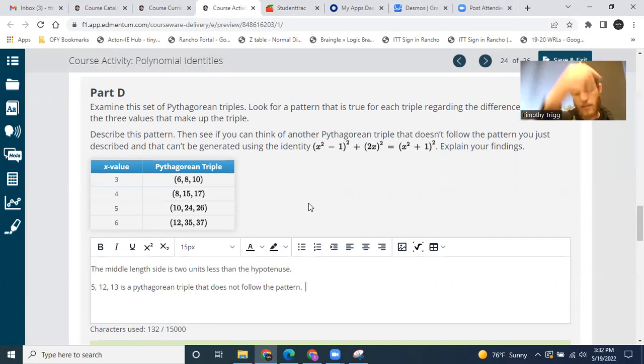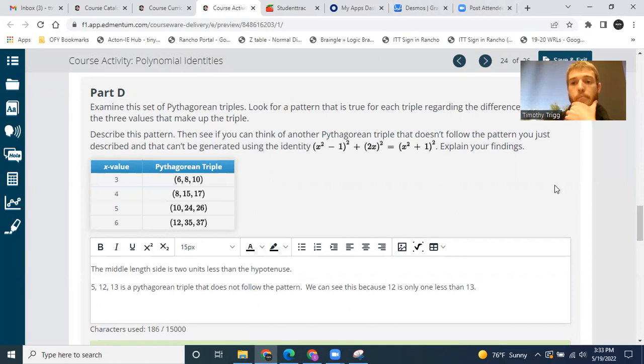You could see that because notice the 12, it's not 2 smaller than the hypotenuse, it's actually only 1 smaller than the hypotenuse. We can see this because 12 is only 1 less than 13.